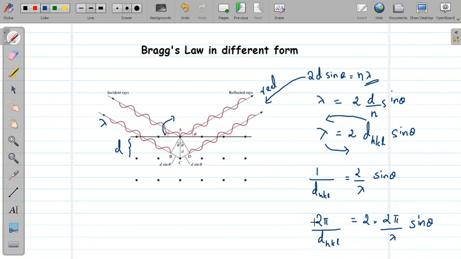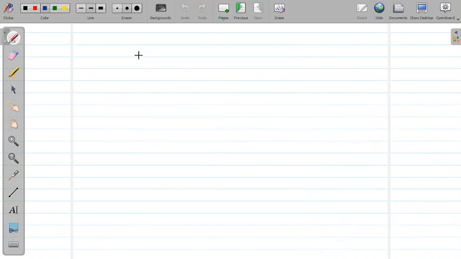Now we know 2 pi by d represents a reciprocal lattice vector, right? 2 pi by d is the distance from the origin to the first point of the reciprocal lattice. So instead of 2 pi by dhkl, I can write mod g. The modulus of a reciprocal lattice vector is 2 pi by dhkl.